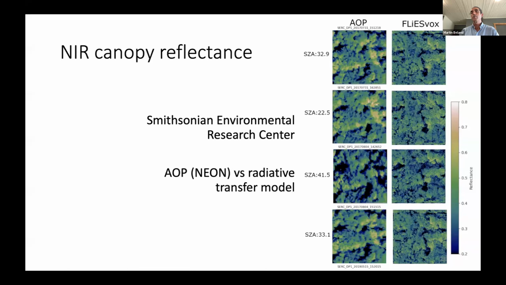And this is giving us some confidence that slowly we're getting better at doing this kind of thing, and we can start learning some things about the drivers of this reflectance. So separate what is coming from spectral properties and what might be coming from structural properties.